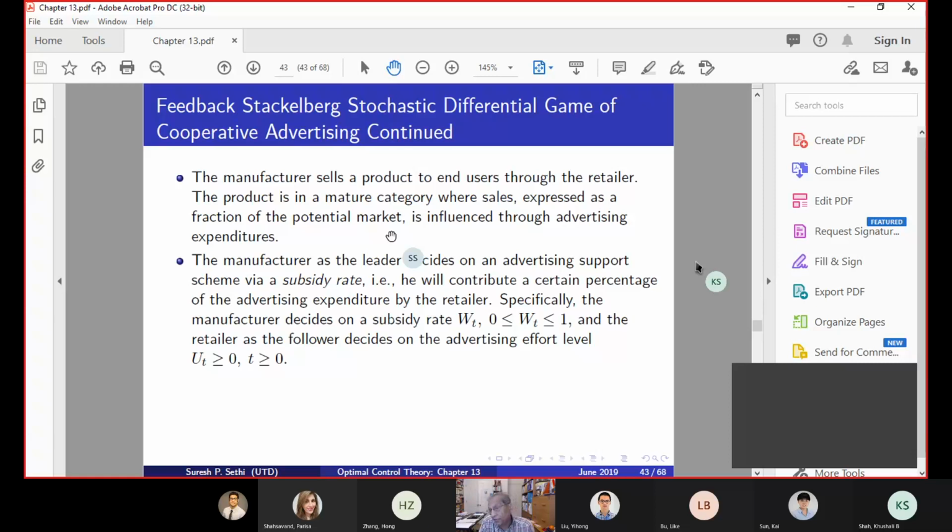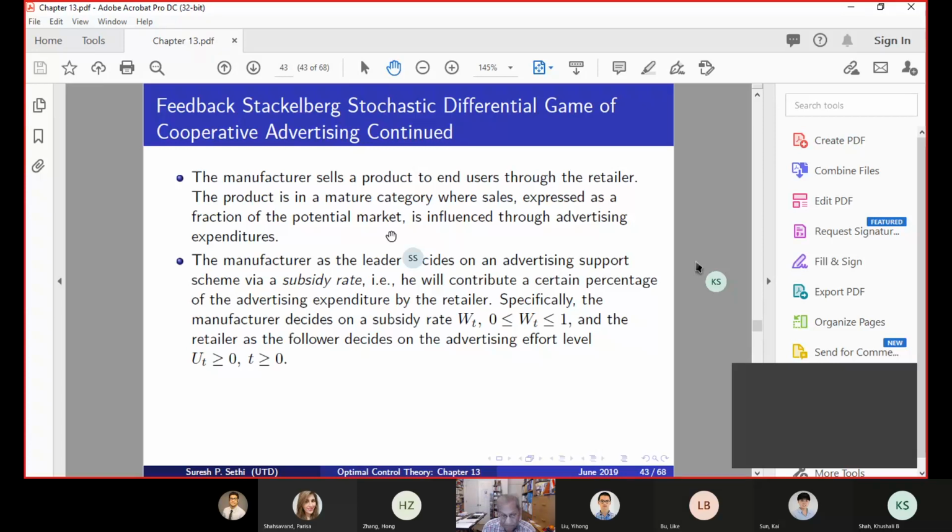Clearly you can solve the problem with zero subsidy, but we can show that zero subsidy is not optimal. We can show that the optimal solution may require some subsidy. This is what we can show, and other people have shown it in a single-period setting. But cooperative advertising has been in practice for quite some time, so this is more a theoretical foundation of cooperative advertising, in some sense.